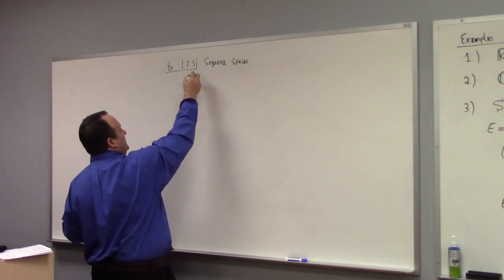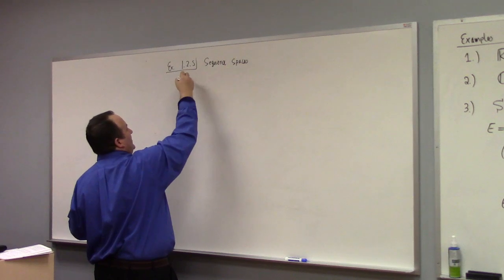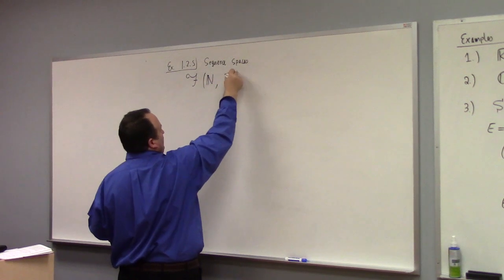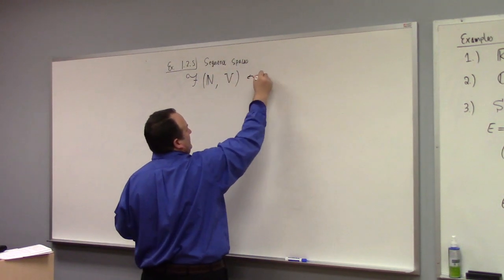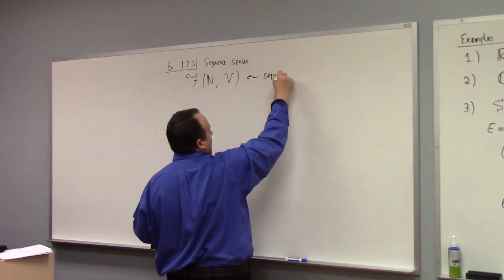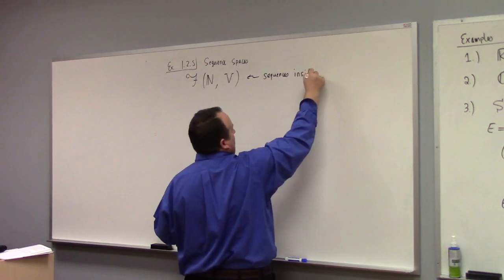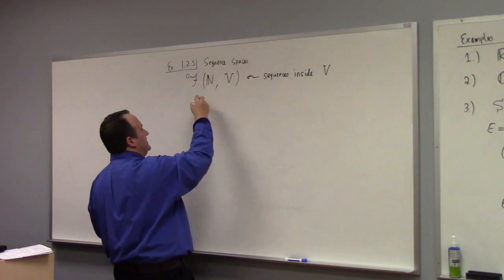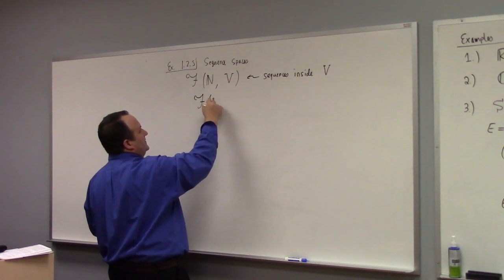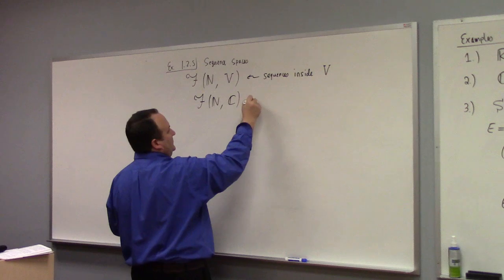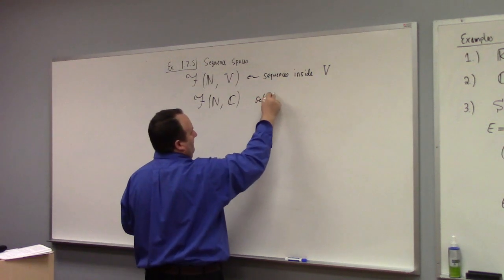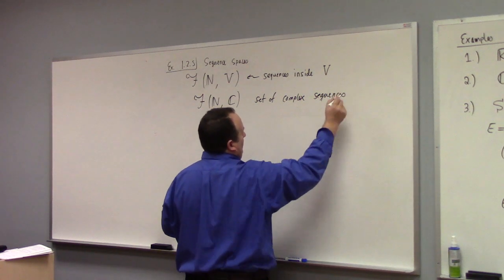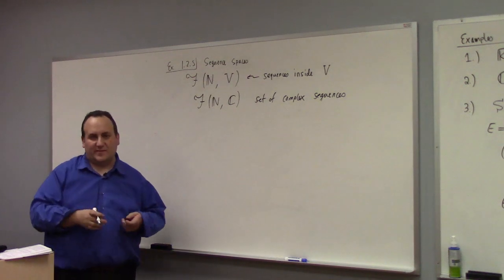Let me be slightly more abstract. You could look at the function space from the natural numbers to a vector space. This would be sequences inside a vector space. His context is he wants to look at complex valued sequences, so this would be a set of complex sequences. You can look at them as lists of complex numbers if you like.